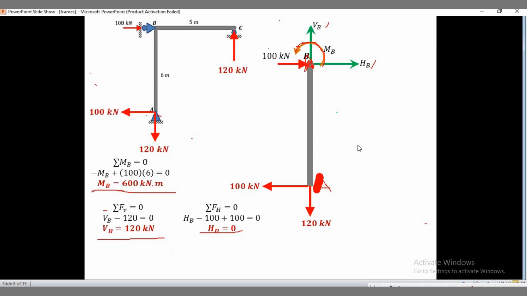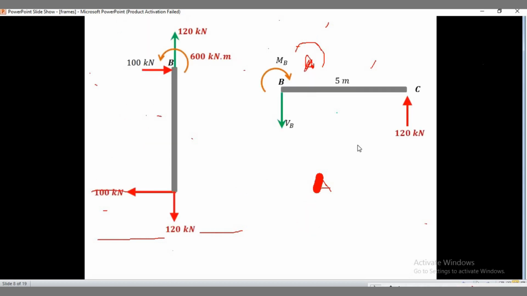So, after na nakuha natin yung ating mga internal reactions, lipat na ako kay BC. So, kay BC naman na tayo. Diba kay AB kanina, ito yung mga nakuha nating values. May 600 at saka 120. Hindi ko na sinali si BH kasi 0 naman siya yung nasolve natin kanina.